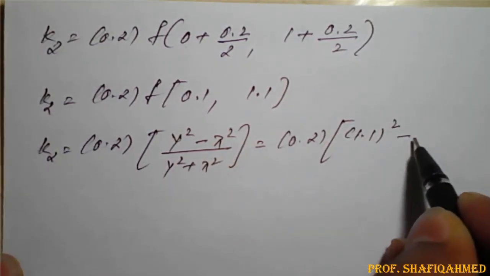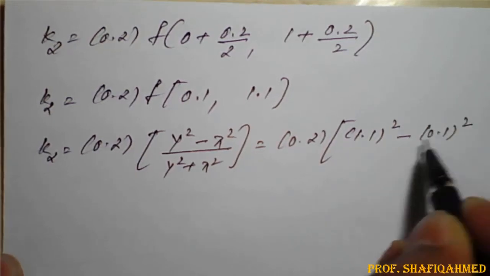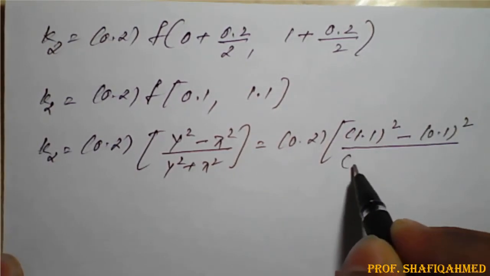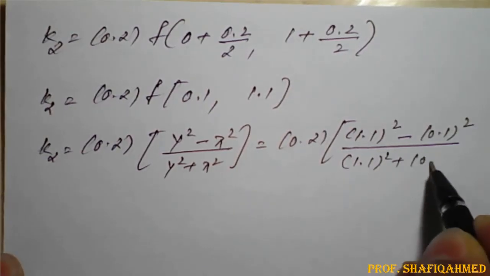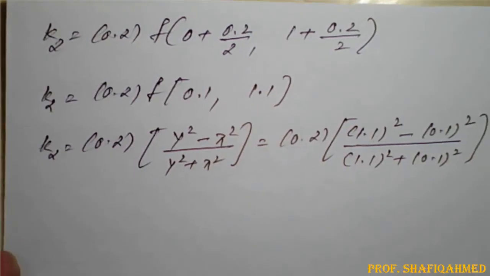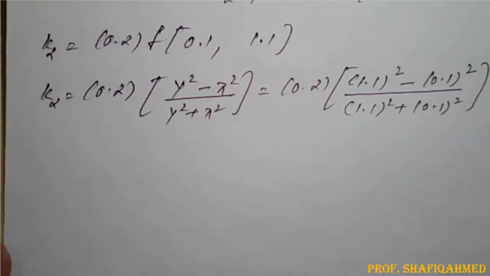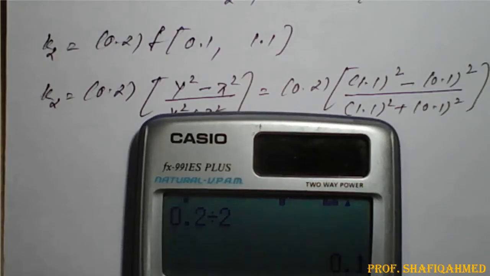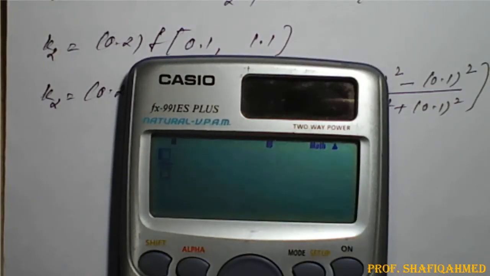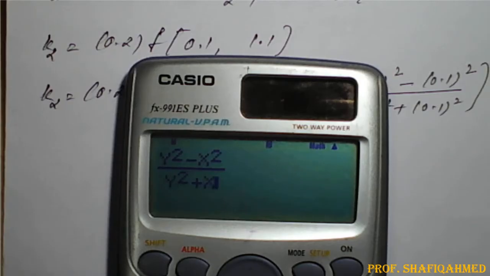y value is 1.1 square minus 0.1 square divided by 1.1 square plus 0.1 square. So on simplification we'll prepare the equation in the calculator, that is fraction, alpha y square minus alpha x square divided by alpha y square plus alpha x square.